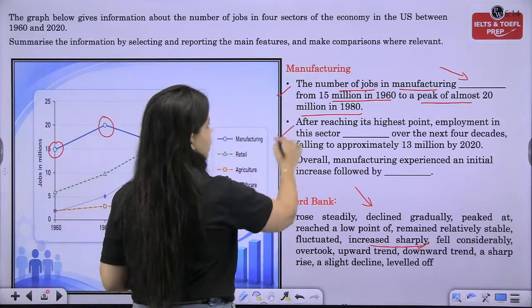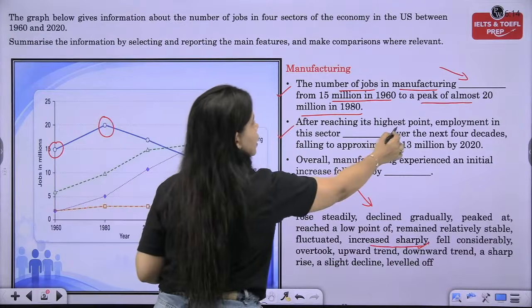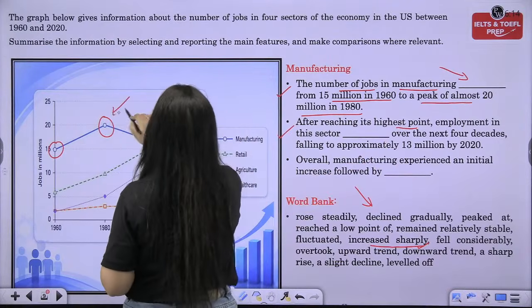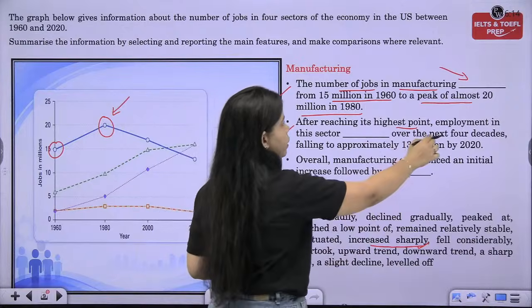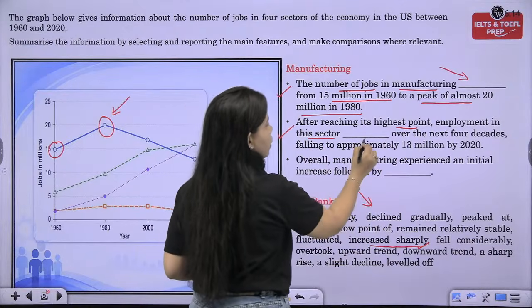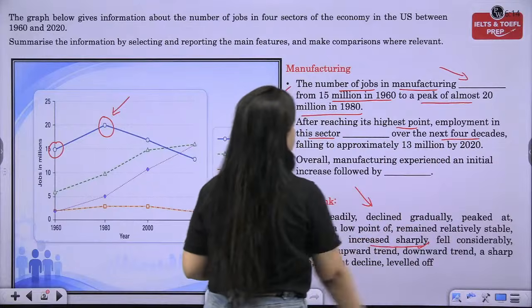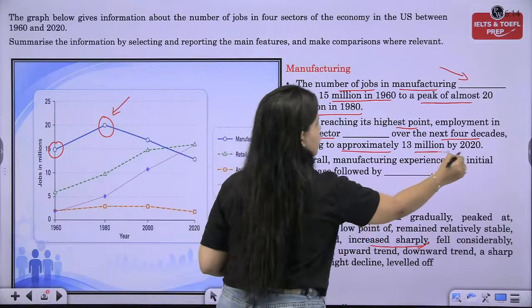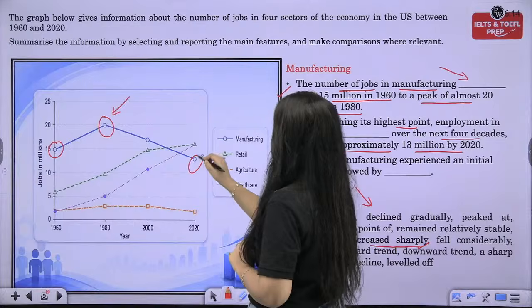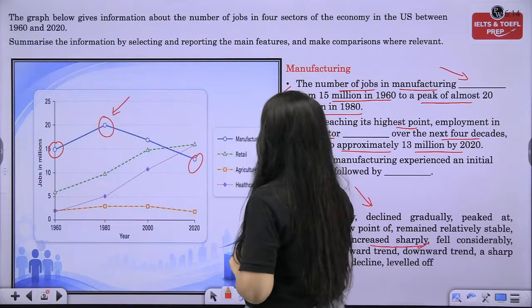Moving on to the next one, it says, after reaching its highest point, that means this point, employment in this sector dash over the next 4 decades, falling to approximately 13 million by 2020.